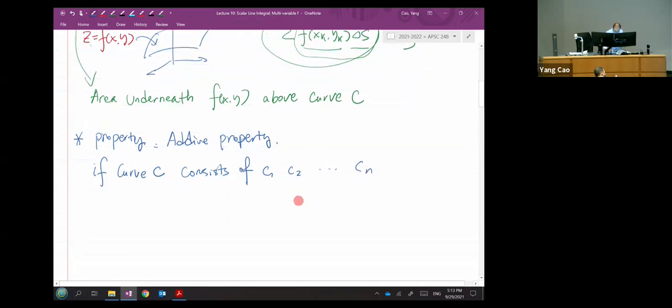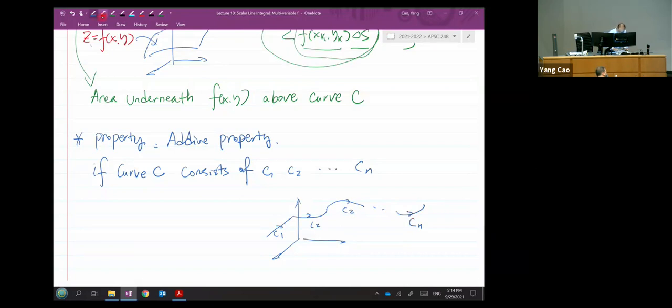So what it means is when you integrate over curve C, you find out the curve C actually consists of so many different segments of curves. Each segment is represented maybe by one parametric equation, right?